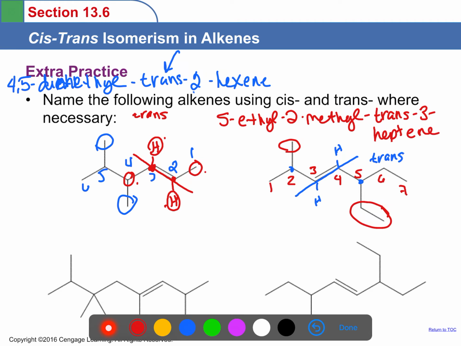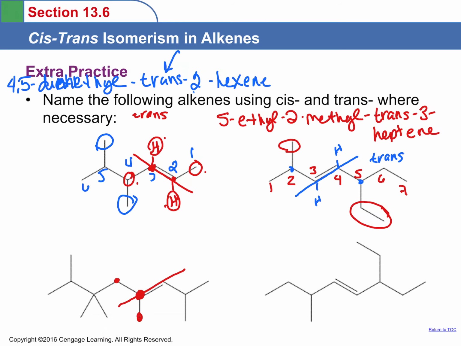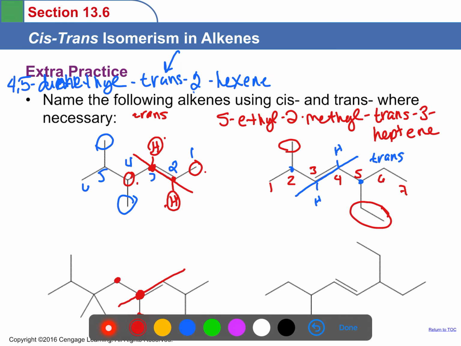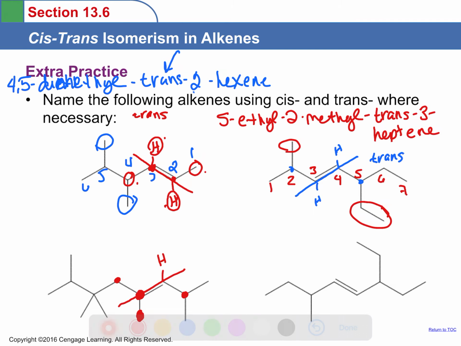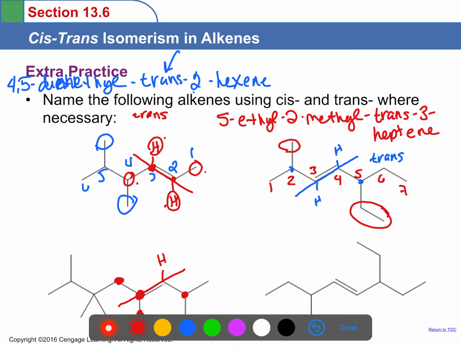All right, first example on the left. If we look at the carbon on the left of the double bond, it has carbon chain on both sides of it. The one on the right has carbon chain on one, hydrogen on the other. So with this one, it does have 2 carbon groups, but the 2 carbon groups are different.